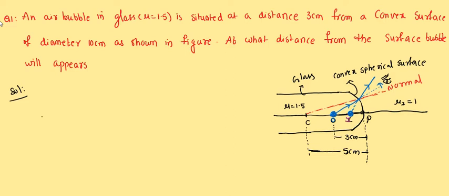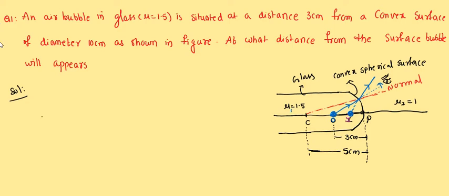That means when any person sees the bubble in the glass, it appears at I. O is the original location of the object, but the object appears at I because of refraction. In the question, the air bubble is in the glass, so light is moving from denser medium to rarer medium.